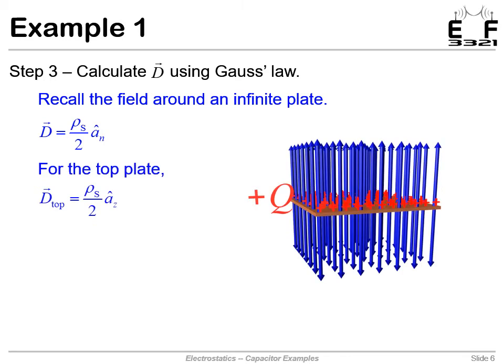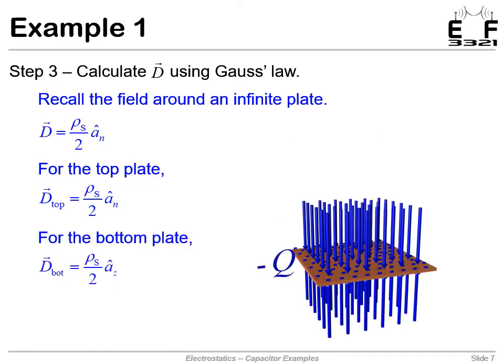So if we look at the top plate, which has a positive charge, this conclusion means the electric flux points away from the top plate in both directions. If we apply this concept to the bottom plate, which is now carrying a negative charge, we have a field on both sides of that plate, but it's pointing toward the bottom plate.